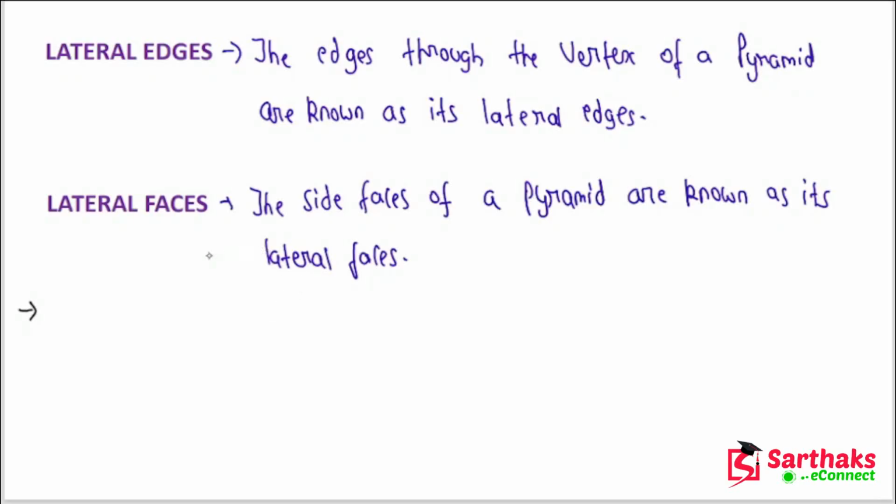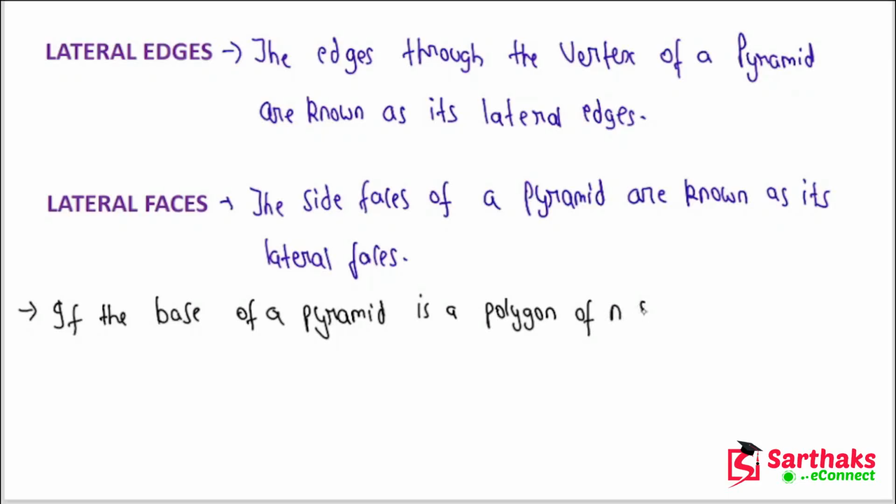So you can clearly see that they are nothing but triangles. Now how many triangles? So we can write, and this is an important relation in terms of questions, if the base of a pyramid is a polygon of n sides, obviously it will be a polygon, then it has n lateral faces.